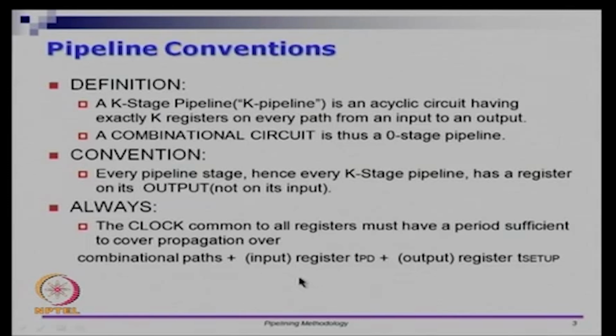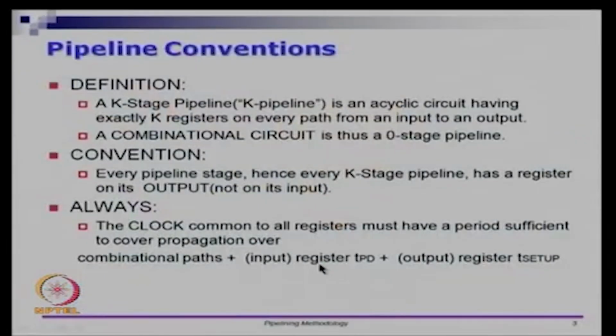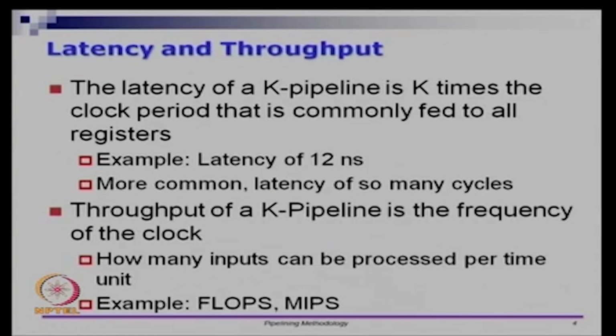The pipeline circuit is a sequential circuit, except that it has this special structure that there is no feedback path in the circuit itself, it is acyclic. So you take the worst case of the combinational paths plus the clock to Q delay plus the setup delay across all the different stages of the pipeline, and your clock period must be wider than that.